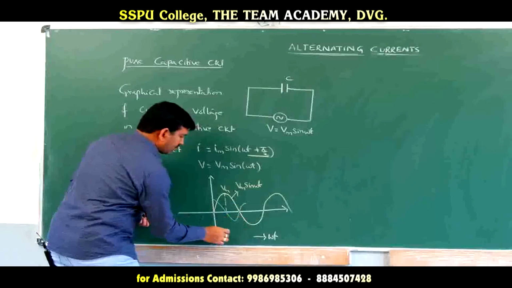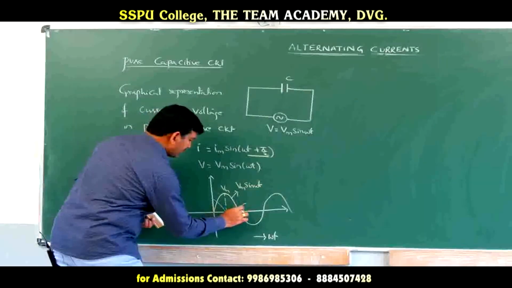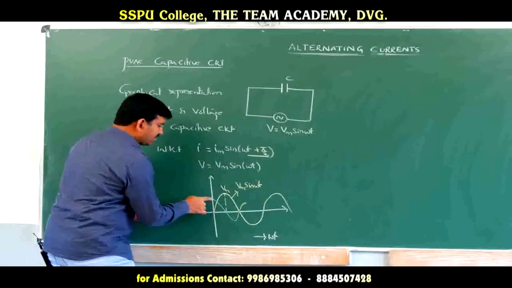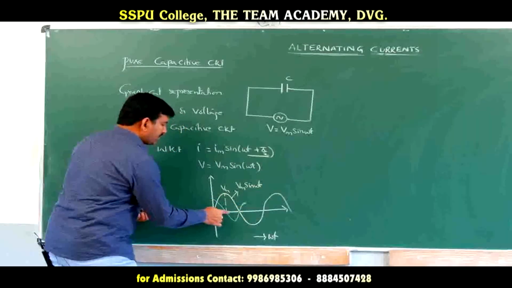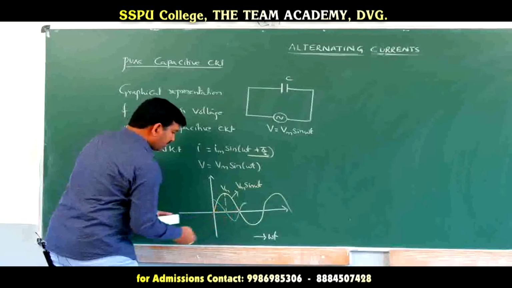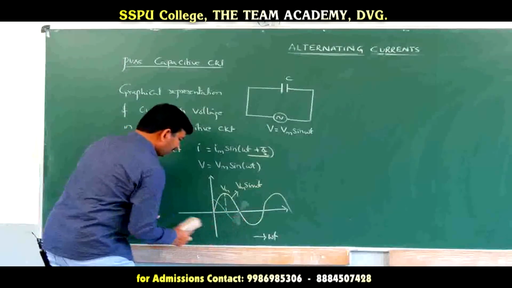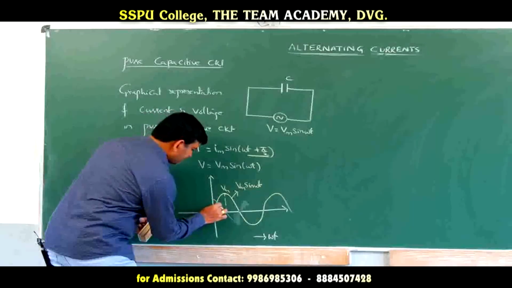Is it clear or not? So the graph is varying in this sense. So this is 0, this is maximum, this is maximum, this is 0, this is 0, this must be maximum. So like this it should vary.